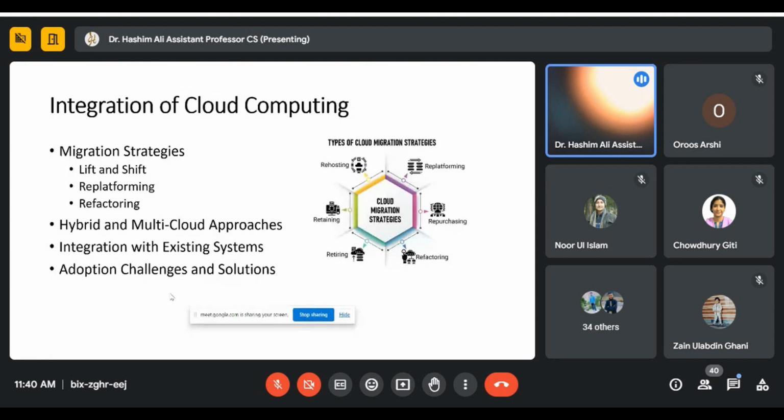Then we have the different models to execute that. We have the public cloud, which is available to all. Then we have the private cloud, which is only available to a limited or allowed community.